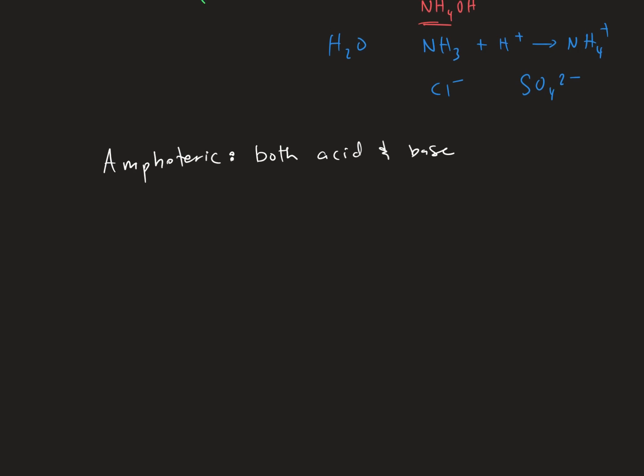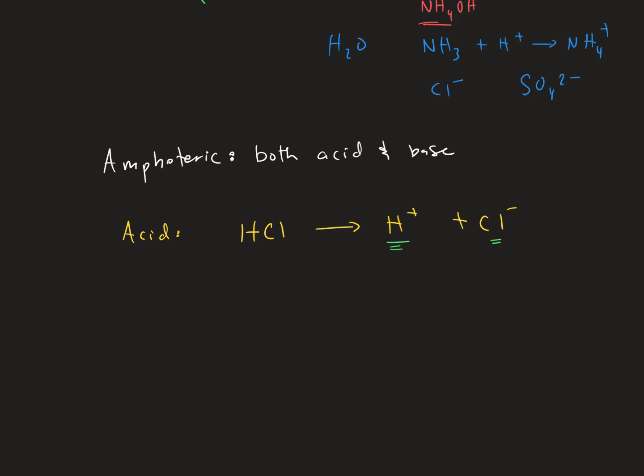So let's just do a simple example of an acid. We've got HCl, which breaks down into H plus and Cl minus. This is the acid component.